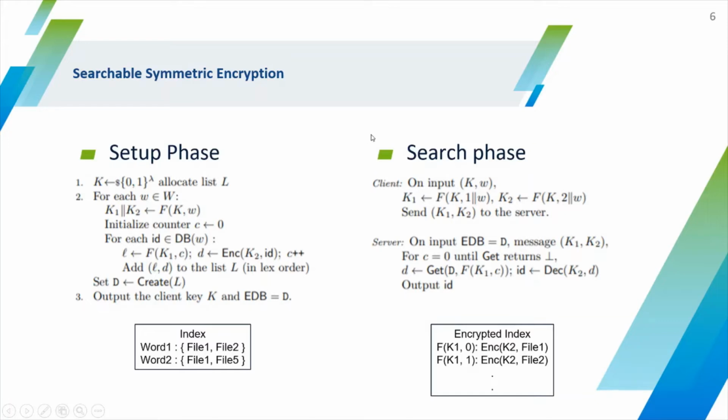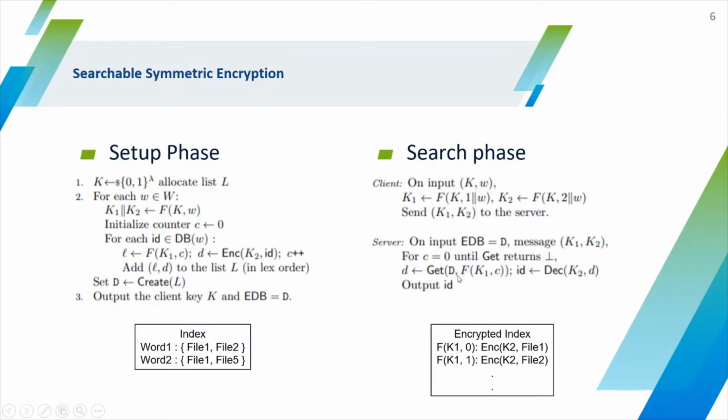Next, in the search phase, when the client wants to search for word W, it again generates the keys K1 and K2 using the same methods as before, and sends K1 and K2 to the server. In the server, F of K1 and C, from 0 until it returns nothing, is matched with the keys in the encrypted database.